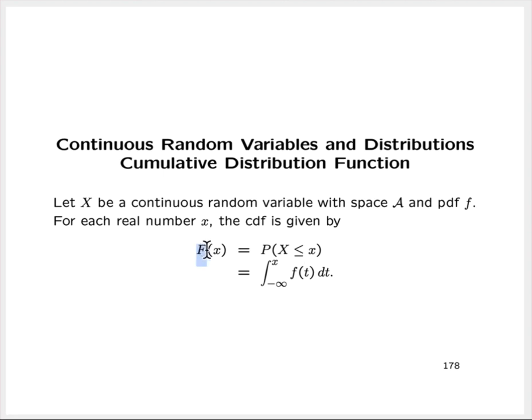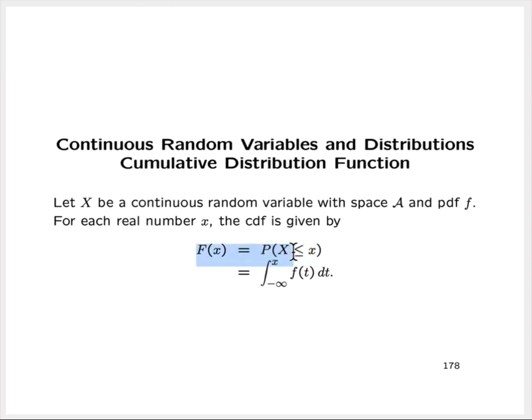And so we would use uppercase F to represent the CDF, or cumulative distribution function. And so at this real number x, which is the value at which we're going to evaluate the CDF, what this is defined to be is the probability that the continuous random variable X takes on a value less than or equal to the specified value little x.